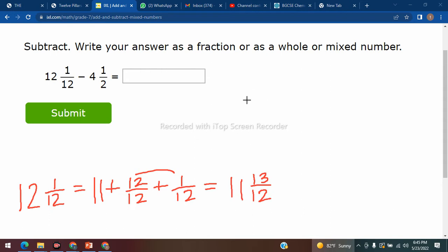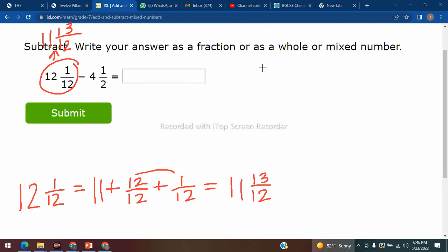Good. And so now we have 4 and 1 over 2. So this here is 11 and 13 over 12. So we have 11 and 13 over 12 minus 4 and 1 over 2.